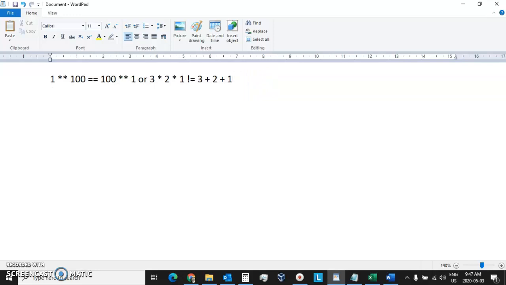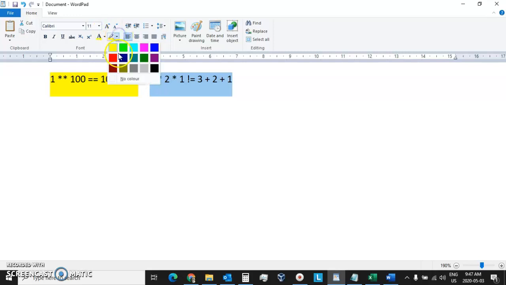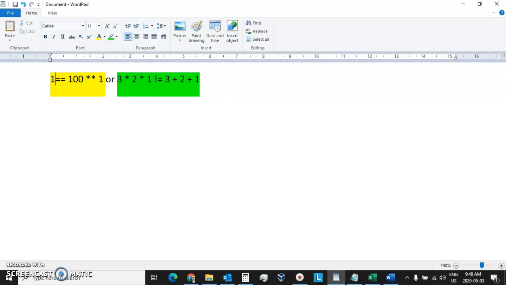And well, we just have to grind it out. So there's your OR operator, so that's the left side. That's the right side. And we're going to work it out now. So 1 to the exponent of 100. Okay, so 1 times 1 times 1, 100 times, it's just going to give you 1. And again, 100 to the exponent 1.